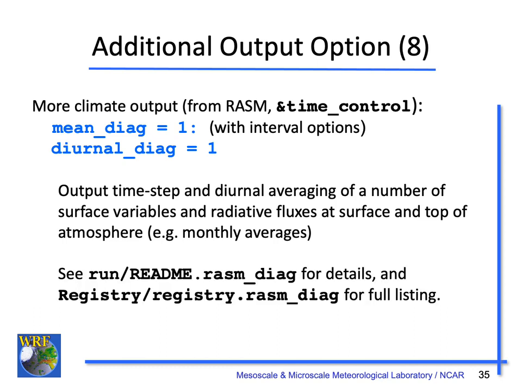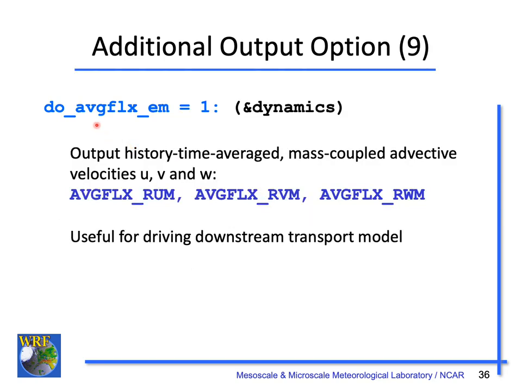More information can be found in the README file, and the fields can be found in the registry file. Data goes to output streams 5 and 6. The final output option is aimed at downstream transport models, and the option name is listed here, where EM is just another name for ARW.